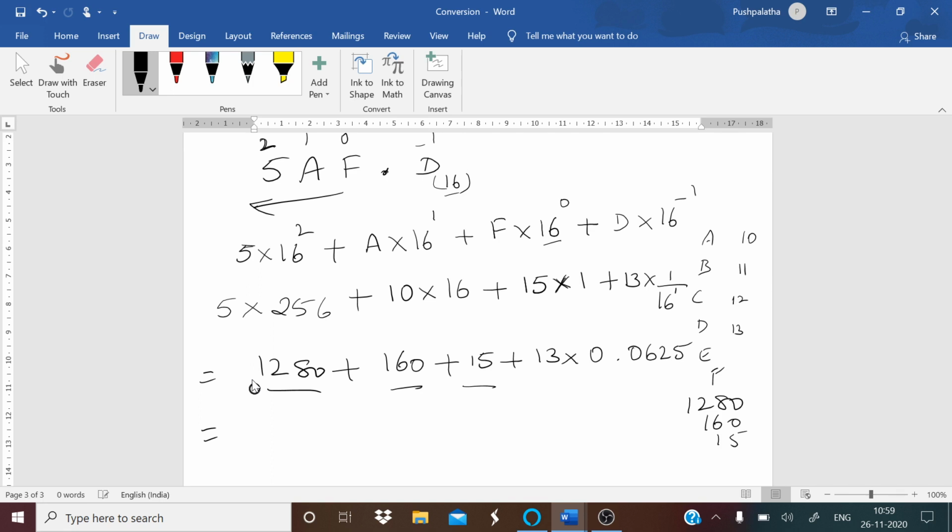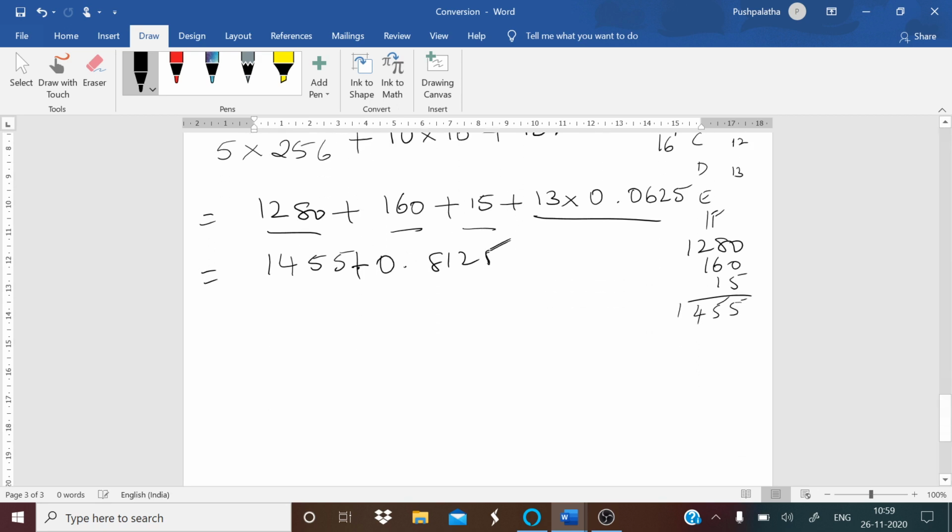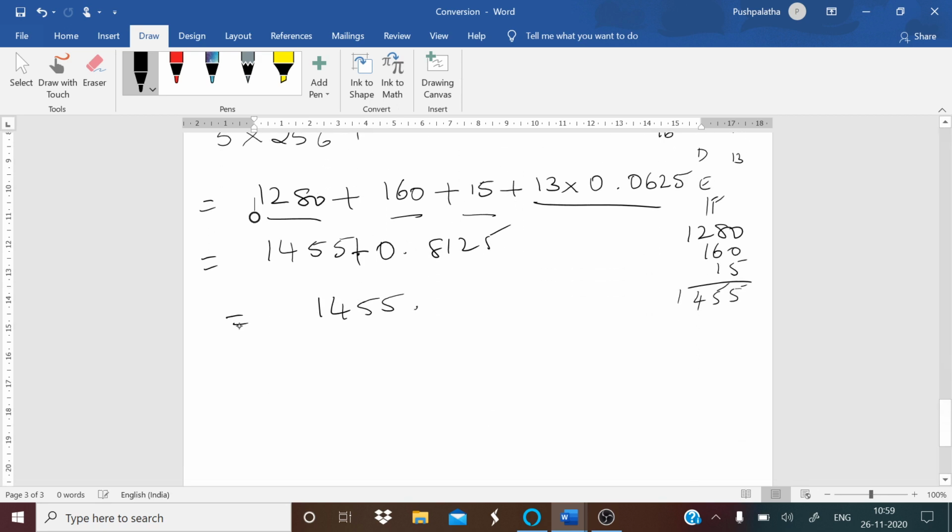This gives you 1455, plus 13 into 0.0625. That gives you 0.8125. Add these two now. The final answer will be 1455.8125 to the base of 10. This is your conversion from hexadecimal to decimal.